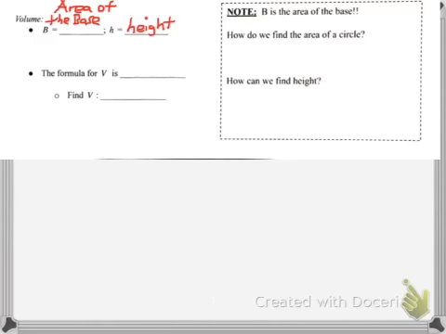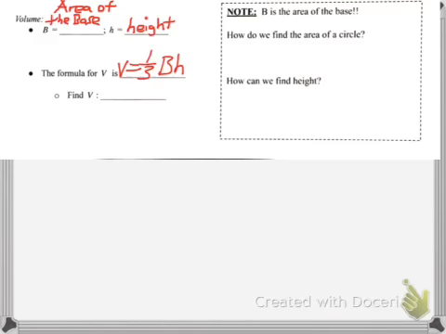For volume, the formula for the volume of a cone is V equals 1/3 capital B little h. We know that capital B stands for the area of the base and h stands for the height. That's what we just found, 15, a second ago. Now, we need to figure out what's the area of the base. What shape is the base of a cone?